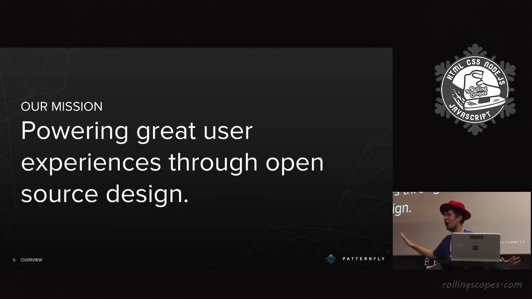Our great dream. I have a dream. Well, not quite, but this is what we wanted to achieve. We wanted to power great user experiences through open source design. Open source. Everyone uses this word. What does it mean? But it's the process of opening things up. Our motto at Red Hat is open by default.